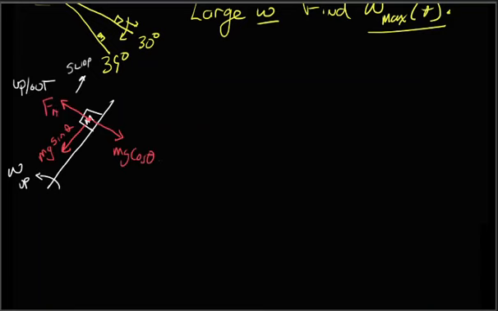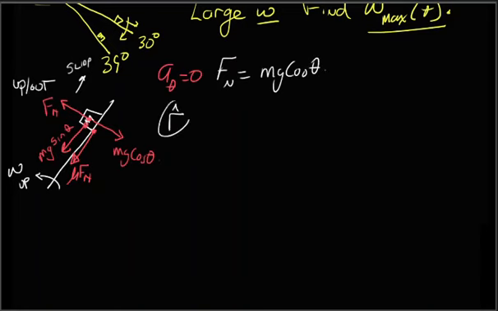And what's different now is if it's going to move up, friction will also be down the hill. So mu Fn in the same direction now. Since there's still no acceleration in the theta direction, we know that Fn is still mg cos of theta.